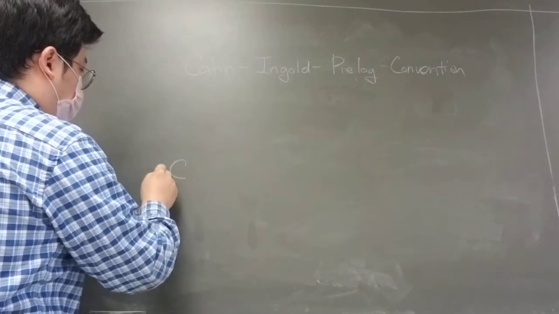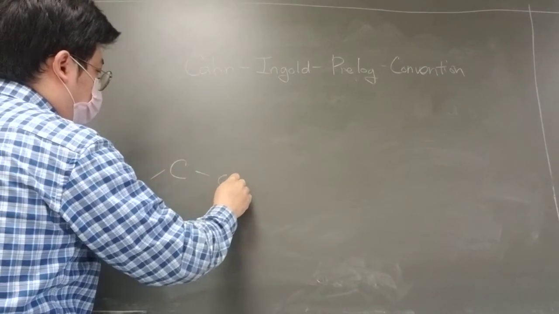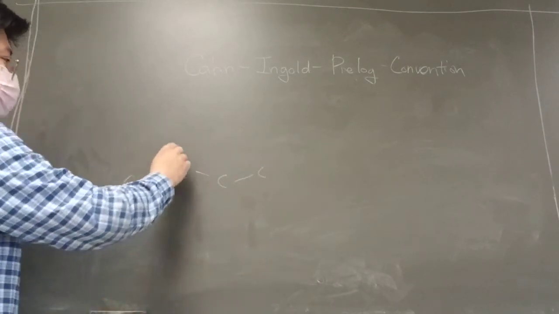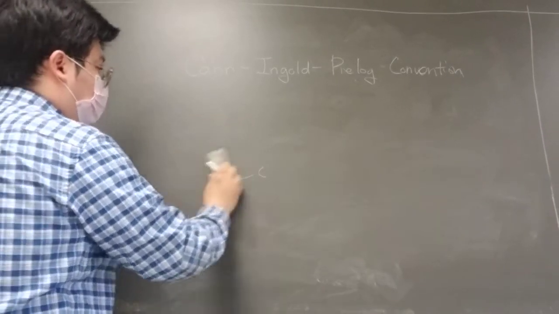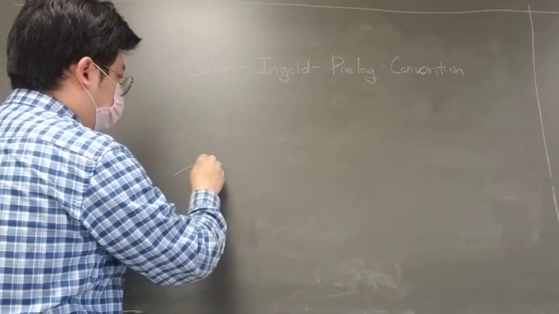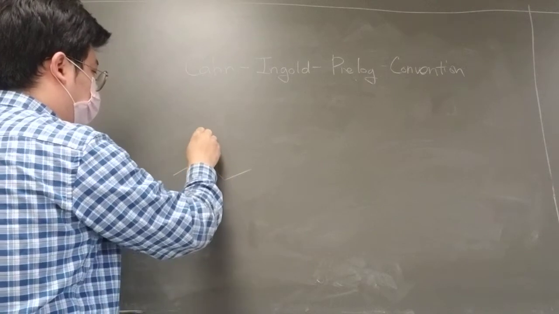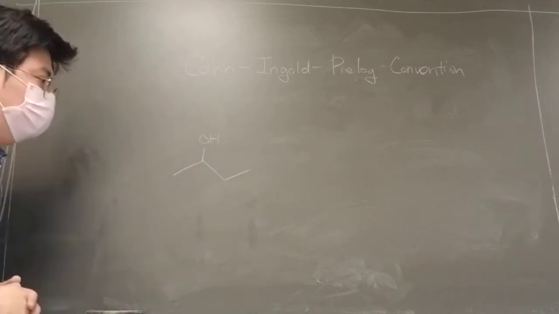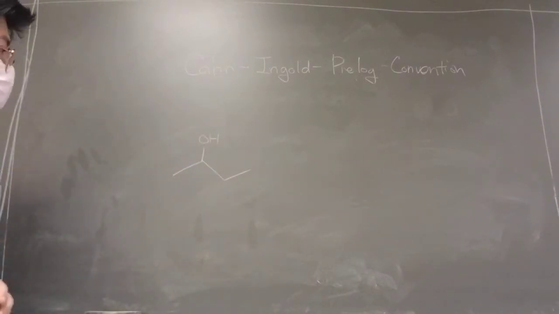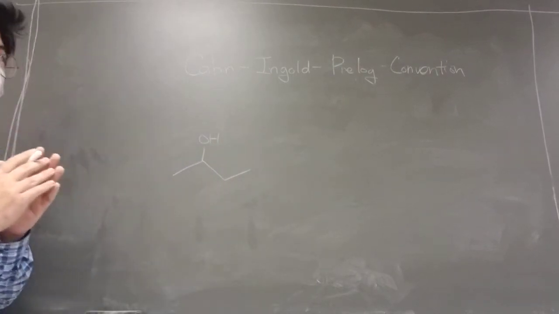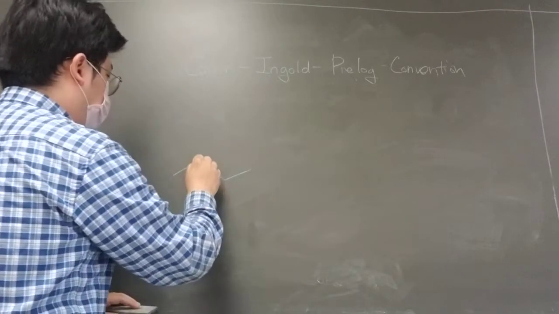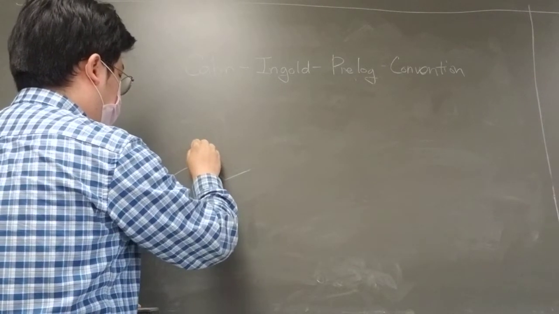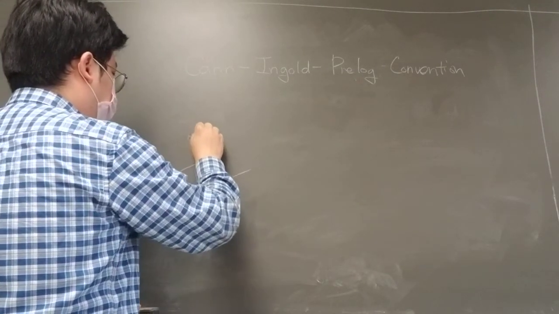So there's a very famous, let me draw, sorry, I drew this again. This is a very famous example for this type of question. It's 2-butanol, right? So once again, maybe I can put it in this direction.